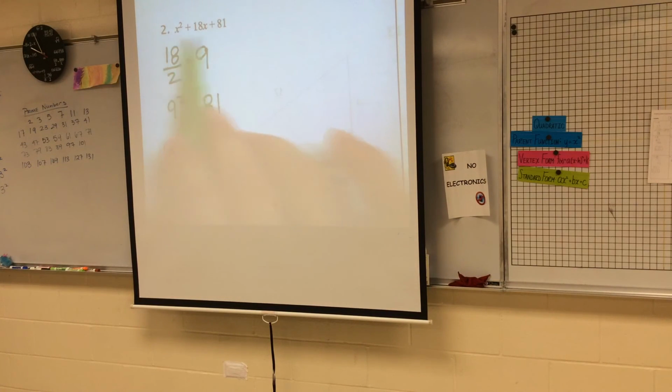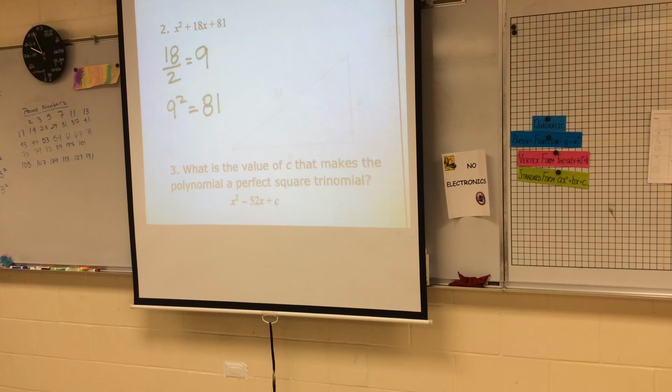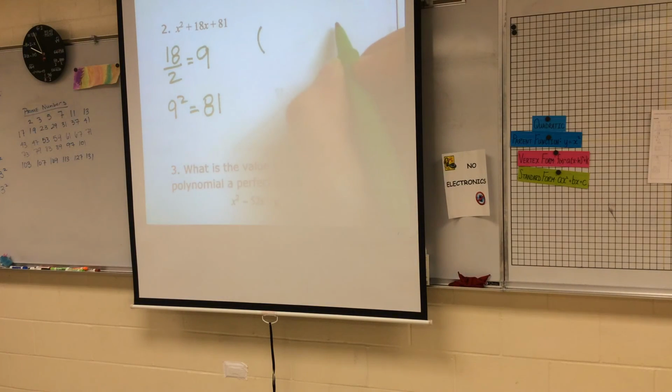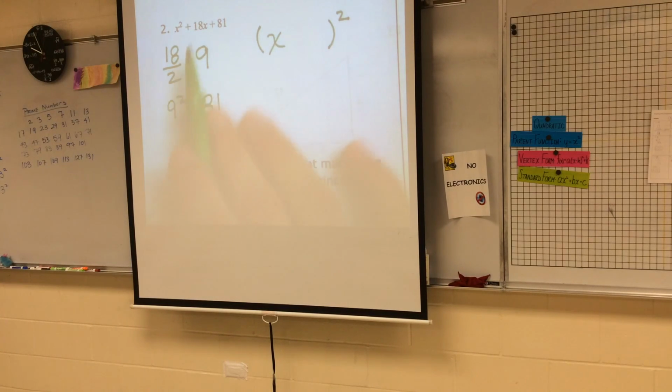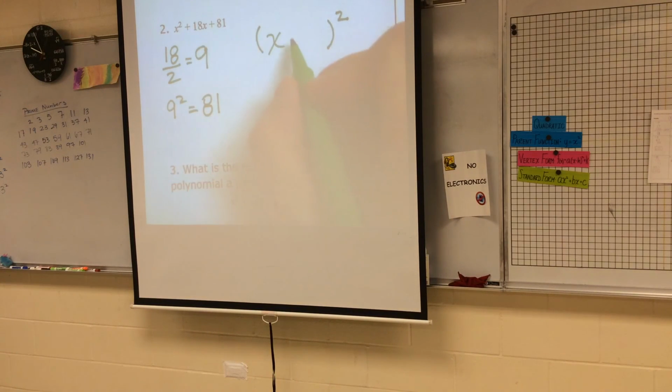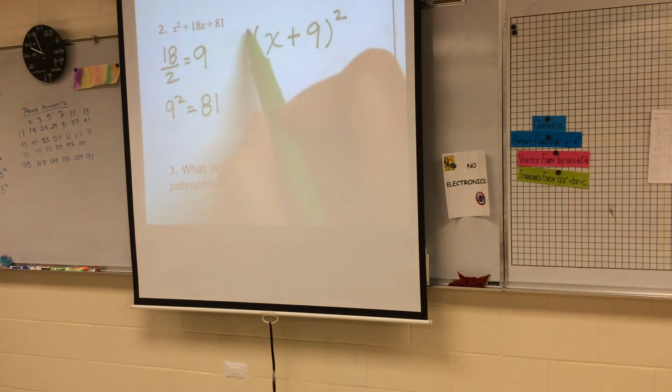So is x squared plus 18x plus 81 a perfect square trinomial? It sure is. So we can write that as a square. So I'm going to say x plus 9, because 9 is half of 18.